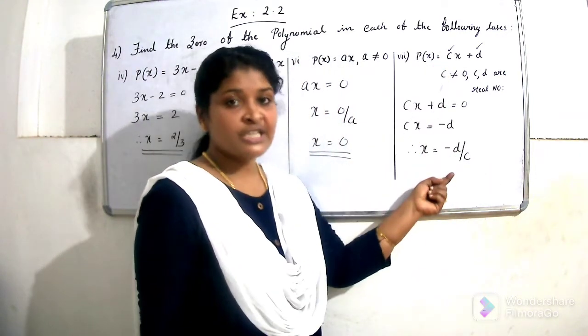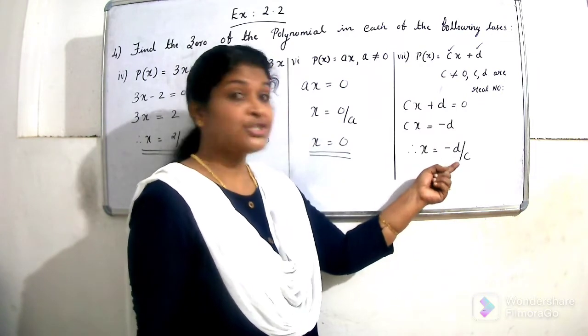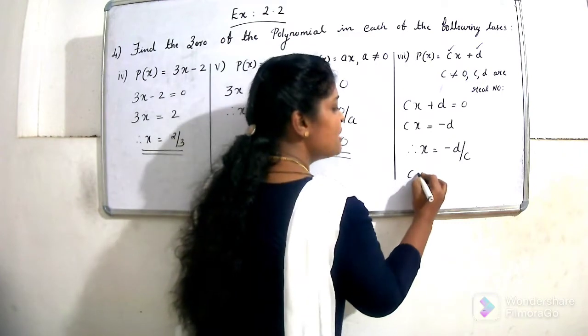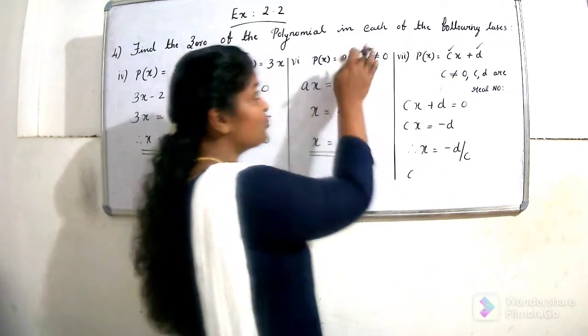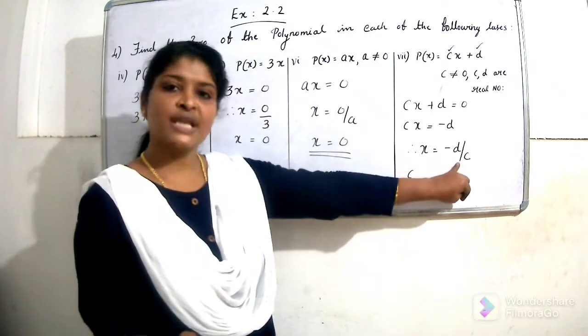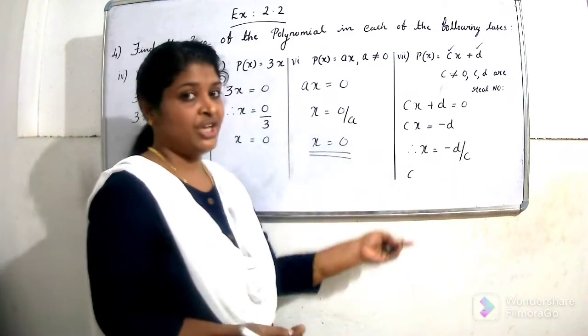Here everything is in letters, so whether it is correct or not, we can check. We can do the checking method this way. See, it is not necessary, because the question is to find the zero of the polynomial, and this is enough. We can do the checking in our mind.